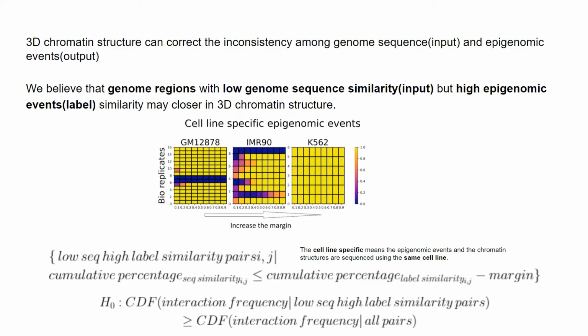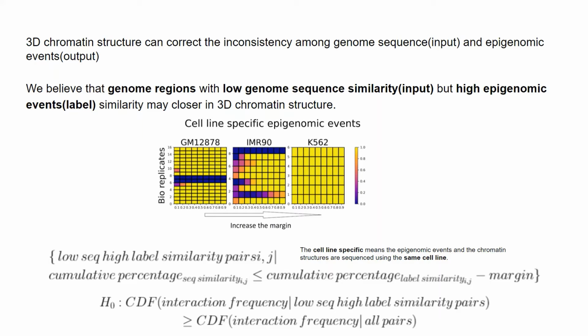Here we use the cell line-specific epigenomic events only, which means both the epigenomic events and the chromatin structure are sequenced using the same cell line. We test whether regions are closer in 3D by measuring their interaction frequency, which is measured by the Hi-C sequencing data. If the interaction frequency is high, then it's closer in 3D.